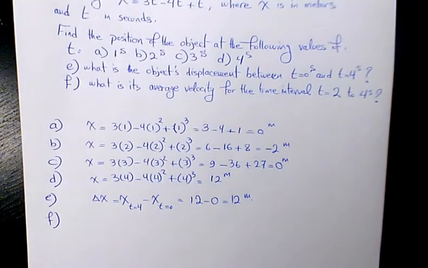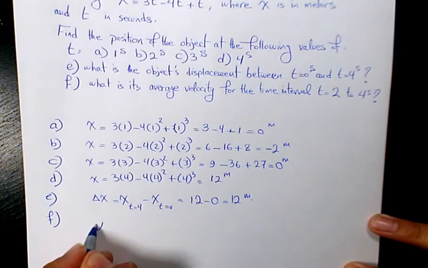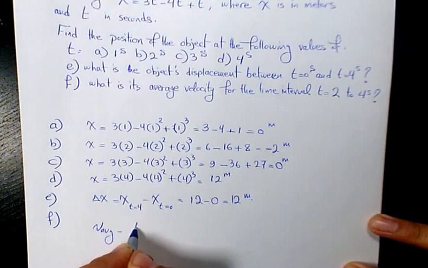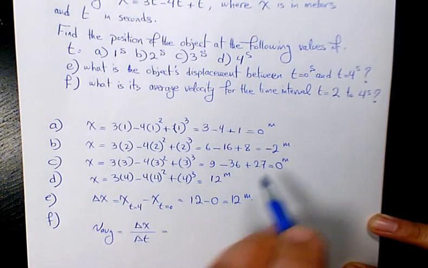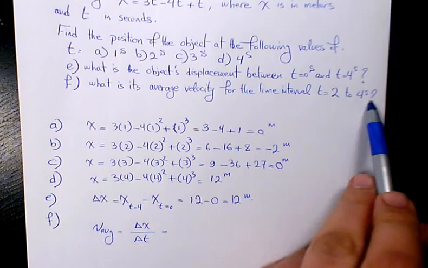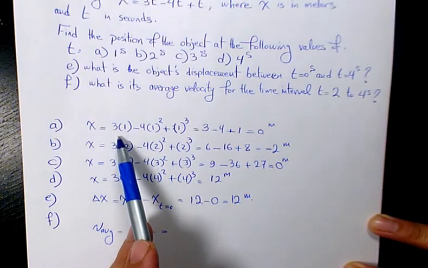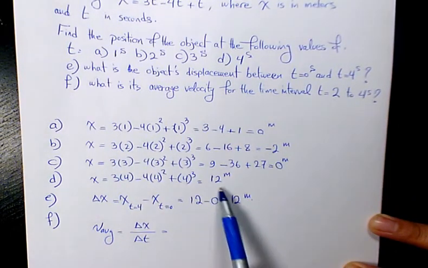F. What is the average velocity for the time interval t equals 2 to t equals 4? So we have the average velocity equals delta x divided by delta t between t equals 2 and t equals 4, which is going to be negative 2, and here we have 12.